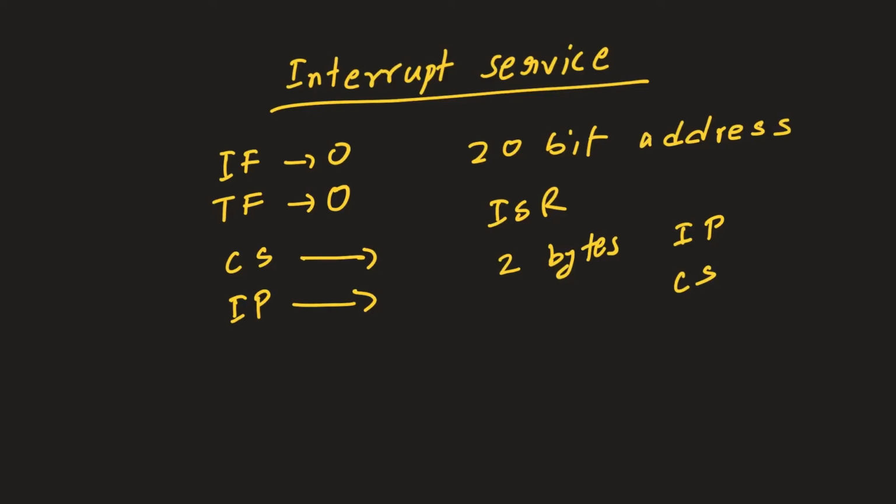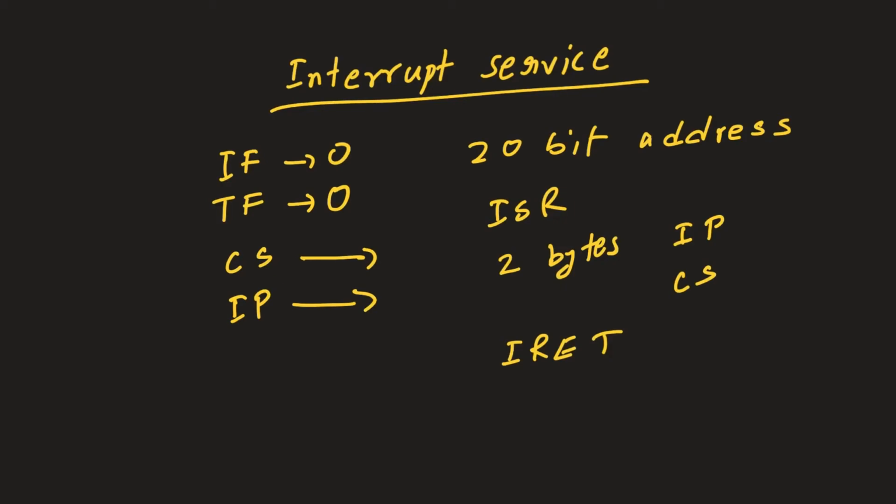So now the content of the IP is the offset and the content of the code segment register is the segment base address of the ISR. The processor then executes the ISR, and the ISR will be terminated by the IRET instruction. When this instruction is executed, the top of the stack is brought to the IP, CS and flag register, one word by one word.